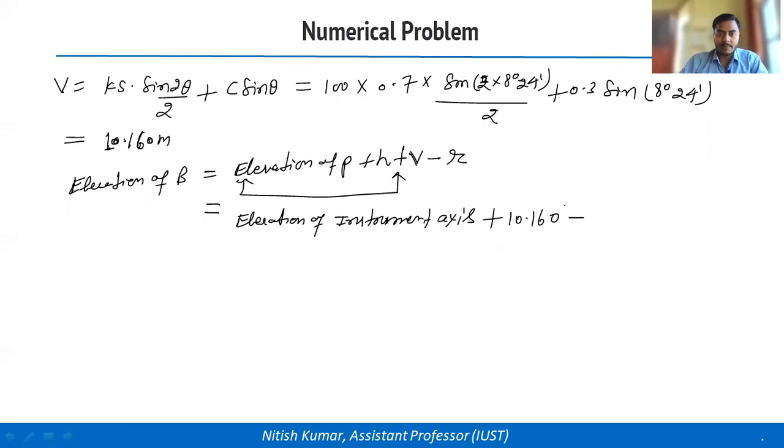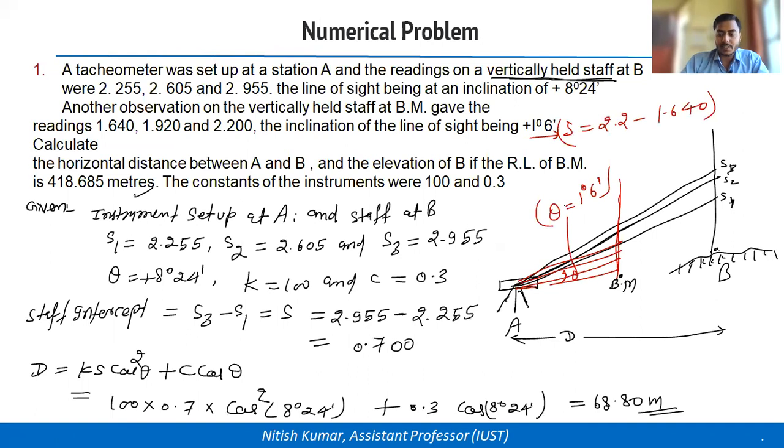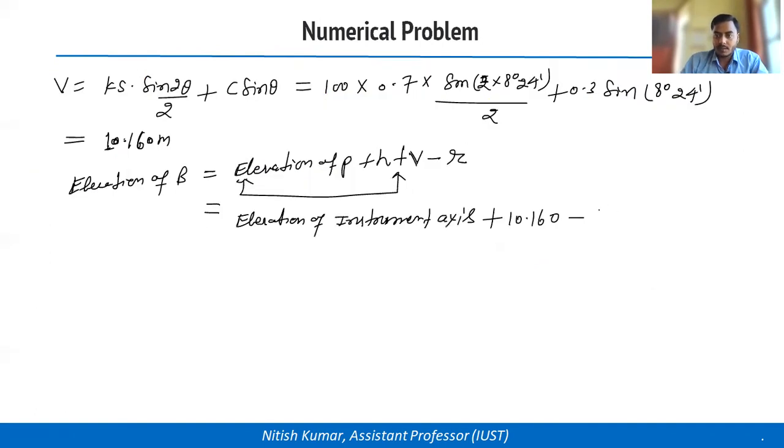R is given, that is 2.605. So we have to calculate the elevation of B, and for that we have to calculate the elevation of the instrument axis, that is A. Okay, so just give the name: this is the first equation.